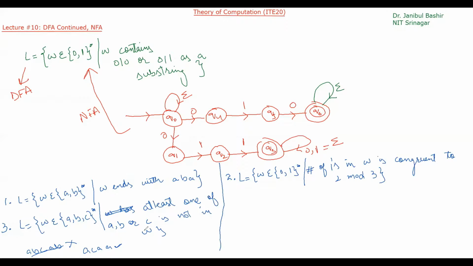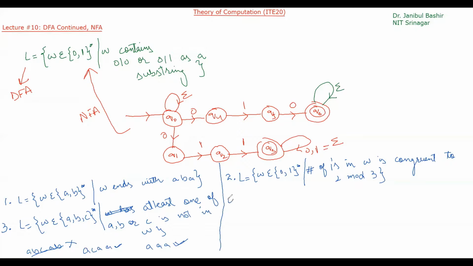At least one should not be there. If more than one is missing, for example if two are not there, this should also be accepted. However, if all three, a, b, and c, are present in a string, then that string should not be accepted.